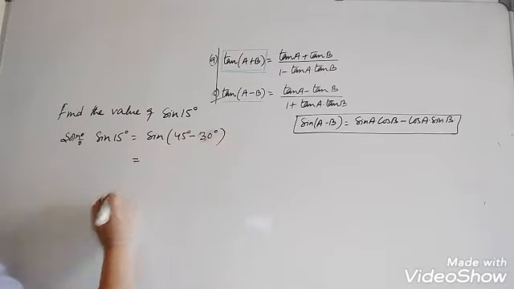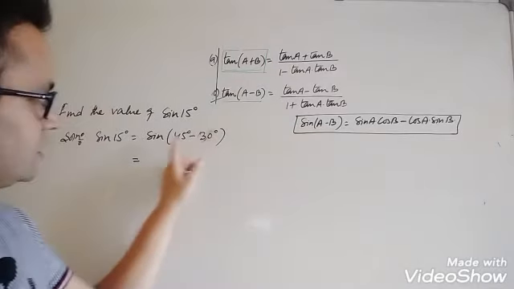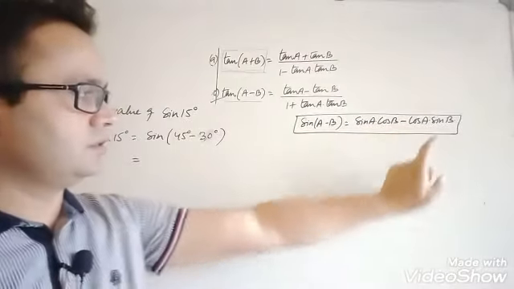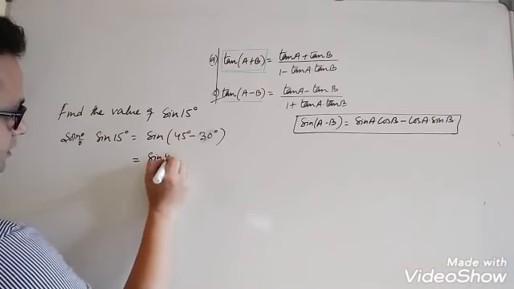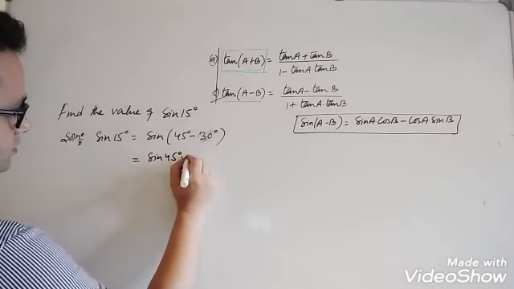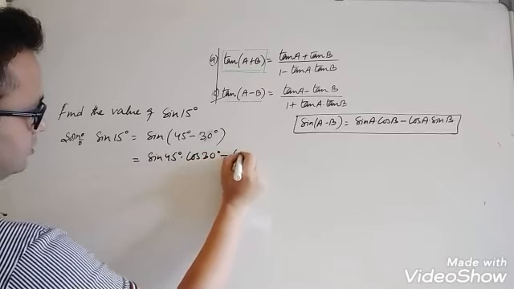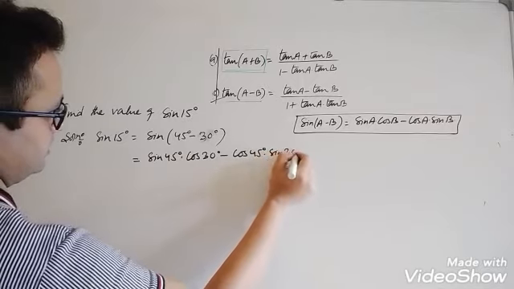So this equals, it is sin(a - b). What is the formula of sin(a - b)? Sin a cos b minus cos a sin b. So sin 45 degree into cos 30 degree minus cos 45 degree into sin 30 degree.